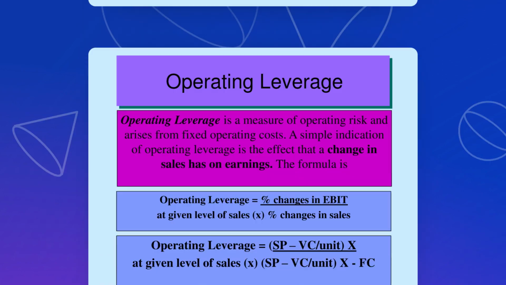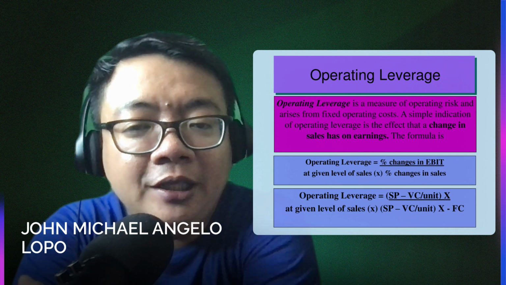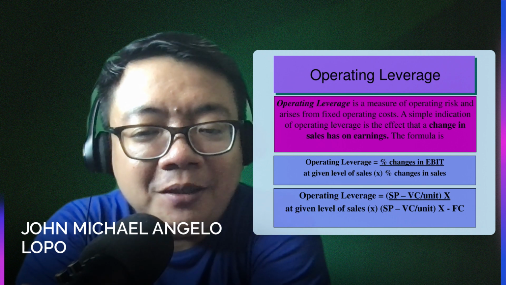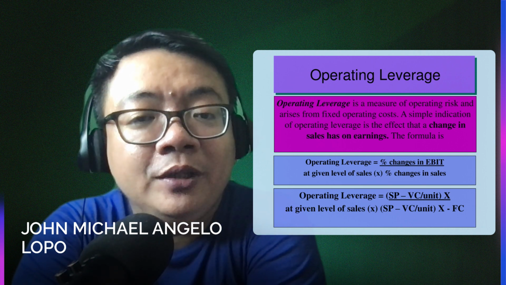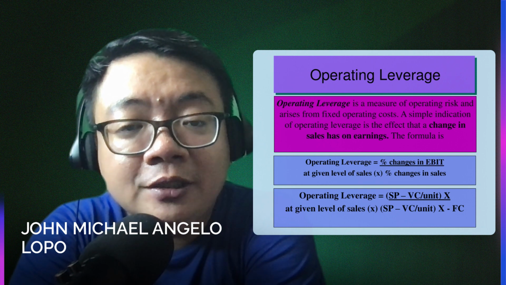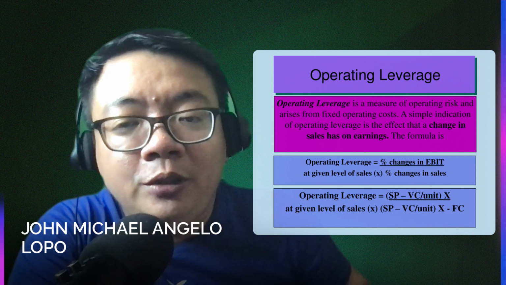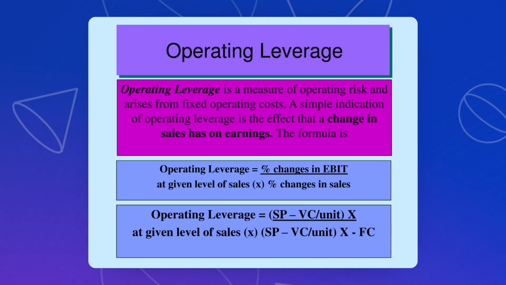Next one is all about operating leverage. What is operating leverage? Operating leverage is a measure of your operating risk arising from your fixed operating cost. Please take note that operating leverage is a measure of operating risk and arises from fixed operating cost.